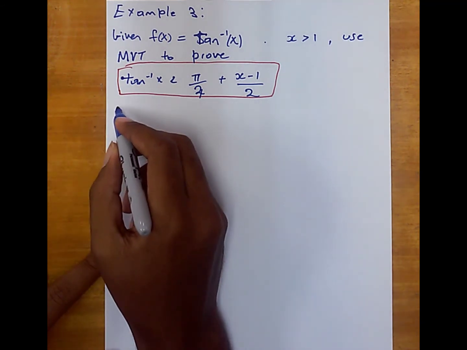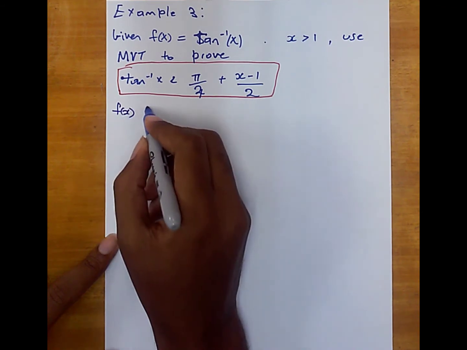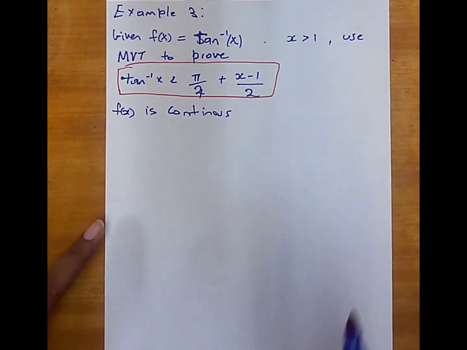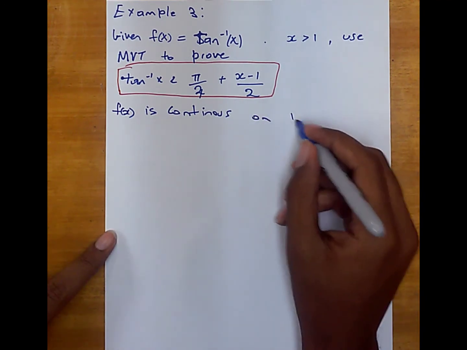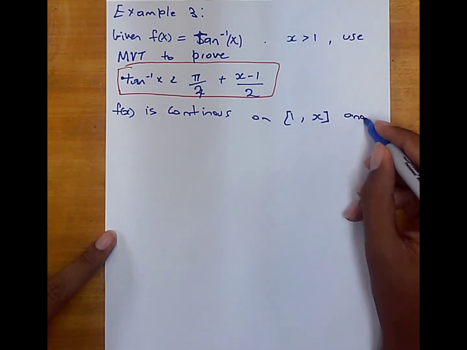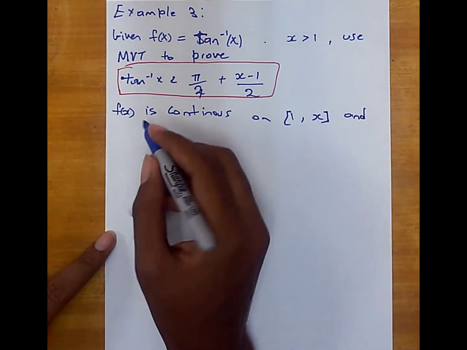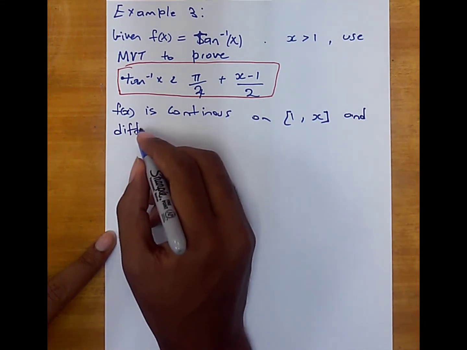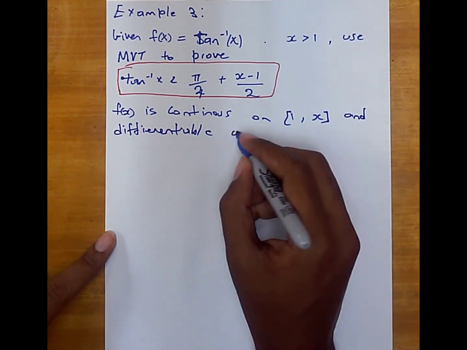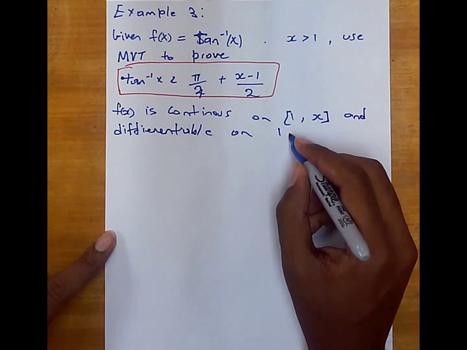So first, f of x is continuous on [1, x] and differentiable on (1, x).